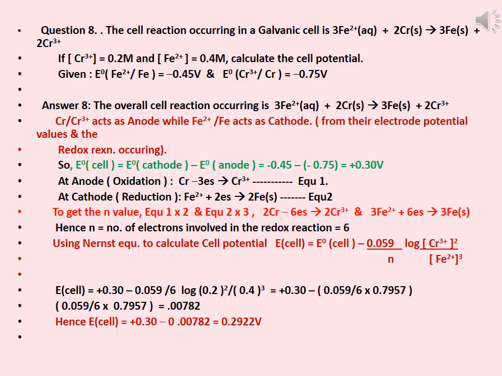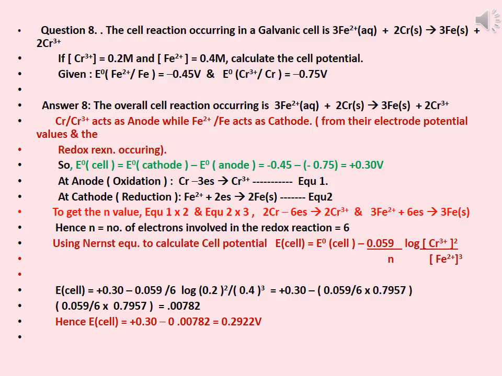So, to arrive at the cell potential, we need to do the calculation in 3 steps. In the first step, we calculate E naught cell, given the E naught values of Fe2+ bar Fe and Cr3+ bar Cr. If you look at the overall redox reaction, Fe2+ is getting reduced to Fe and chromium Cr is getting oxidized.